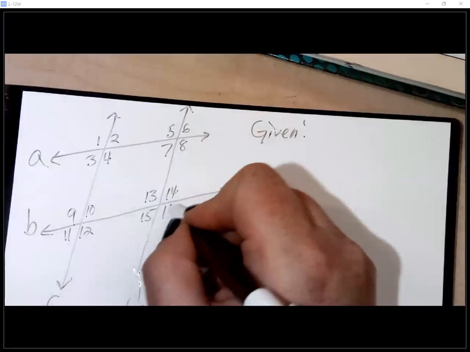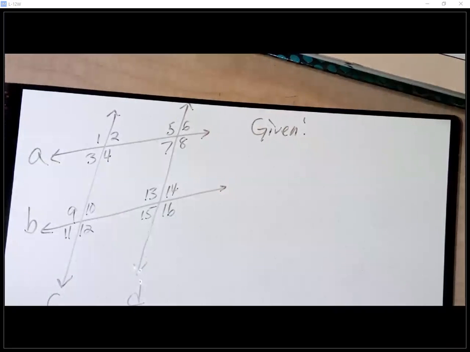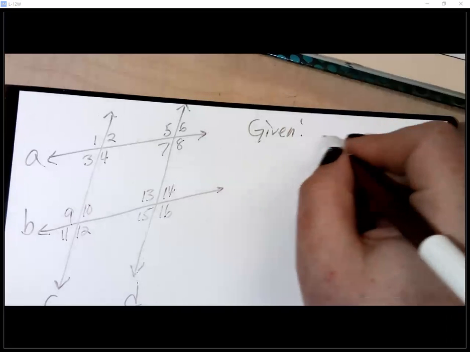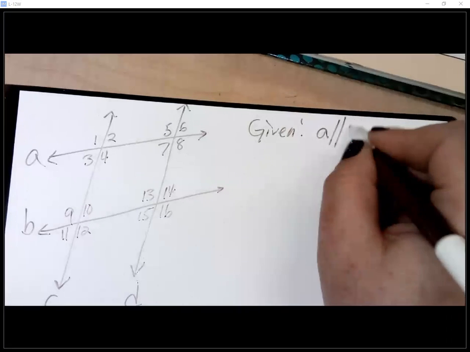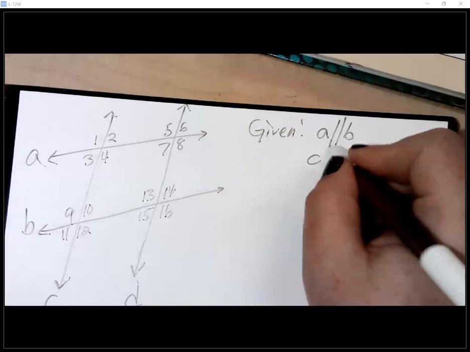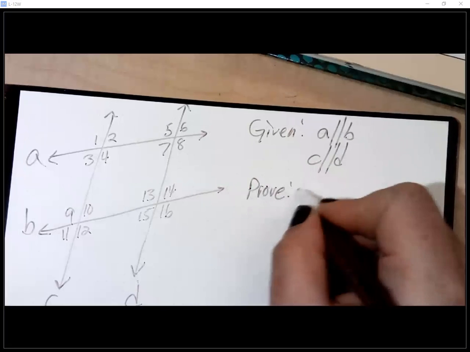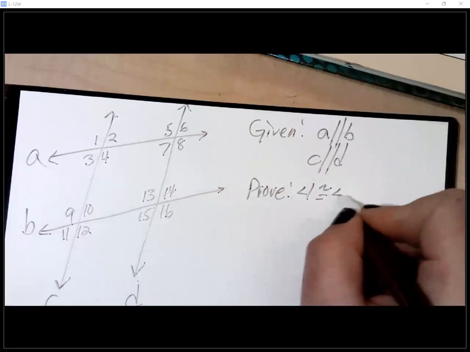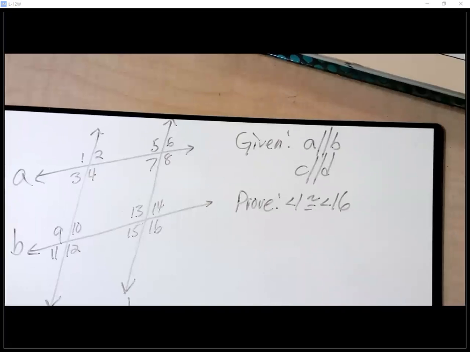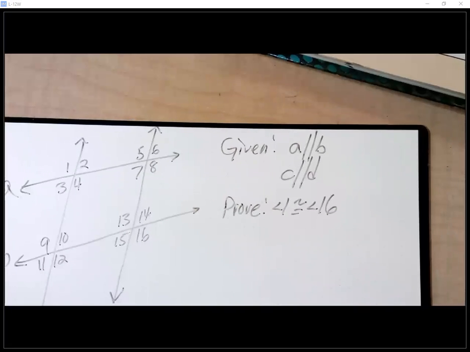Let's say I wanted to prove that 1 and 16 were the same if I knew A and B are parallel and C and D are parallel. Prove angle 1 congruent to angle 16. Yes, we can totally do this. And not even in that many steps.